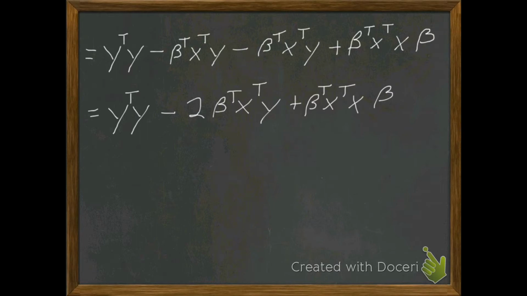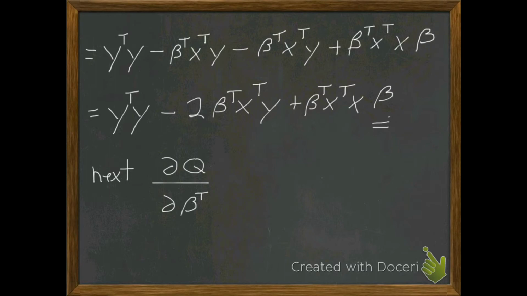Now, the next thing I want to do is take the partial of q with respect to beta. But if you notice, I don't have a beta term anywhere but here. So it's actually going to be to my advantage to take the partial with respect to beta transpose.